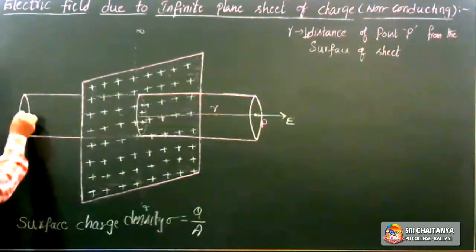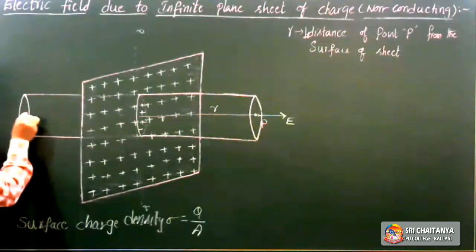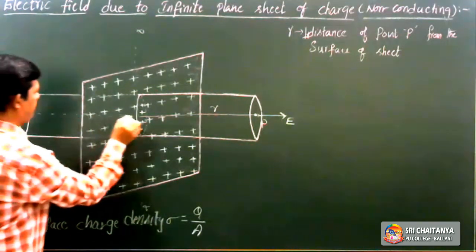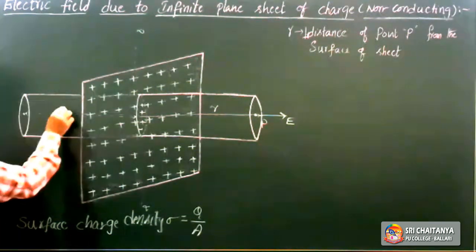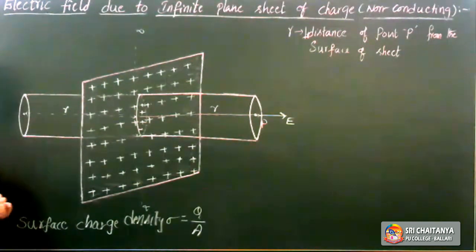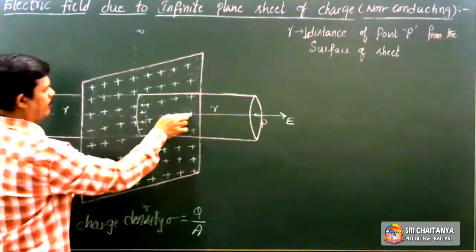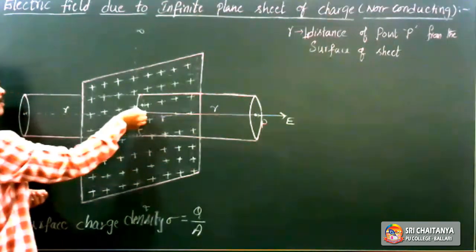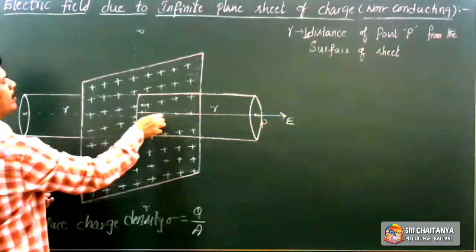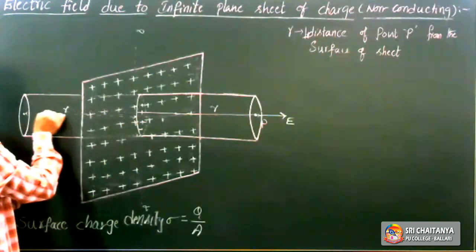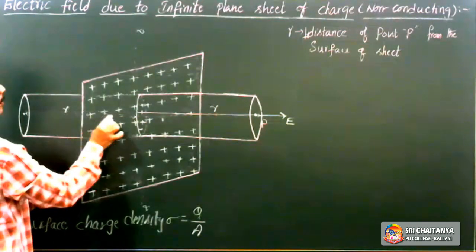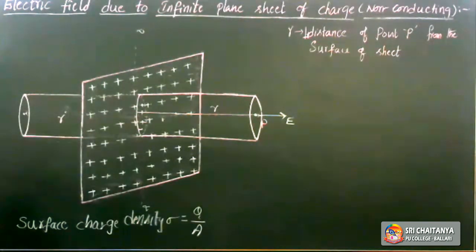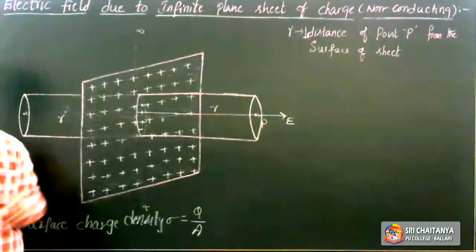So here I take the same distance r from the center, along the axis. This is the shape of the Gaussian surface.